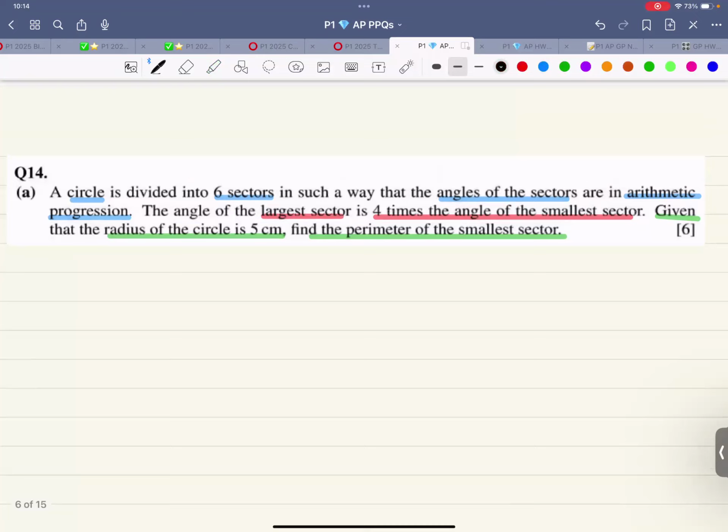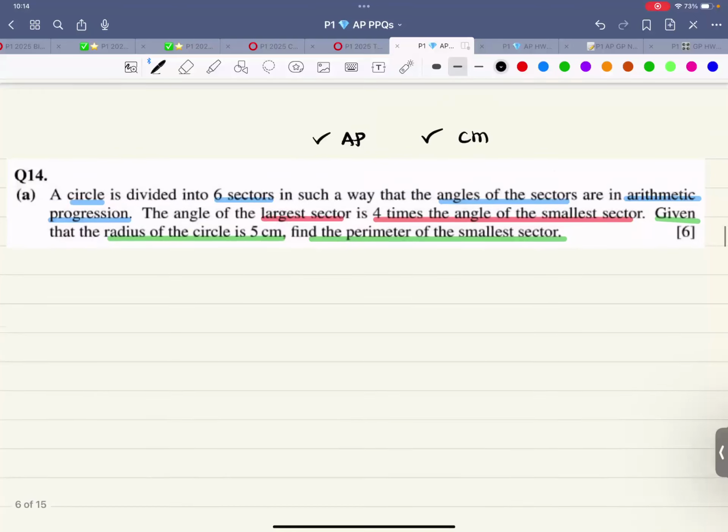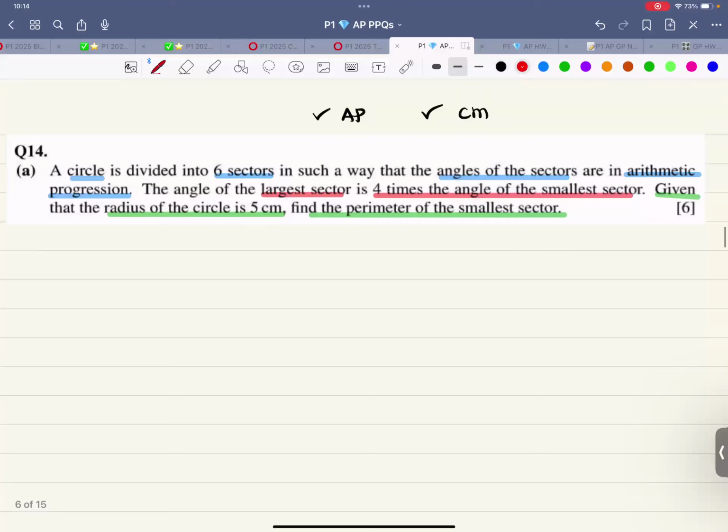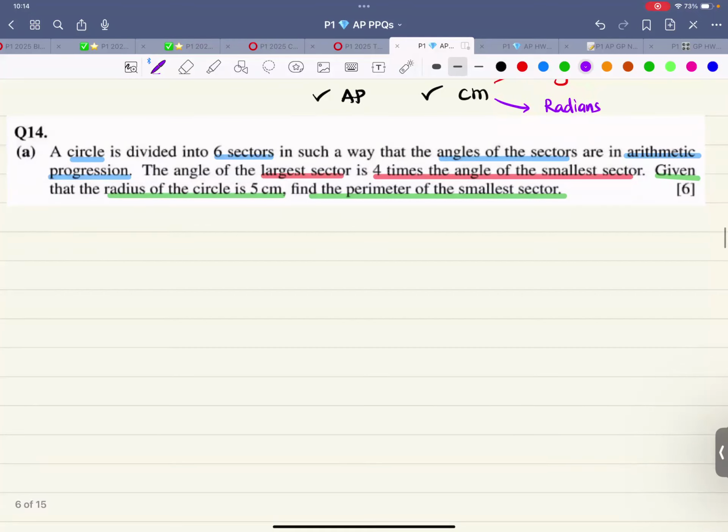Now, not only is it associated with AP, it's also associated with circular measure. Now, there are 2 approaches. We can either work in terms of angles in degrees, that is perfectly acceptable, or we can work in terms of angle in radians. So let's see if we can work out both ways.